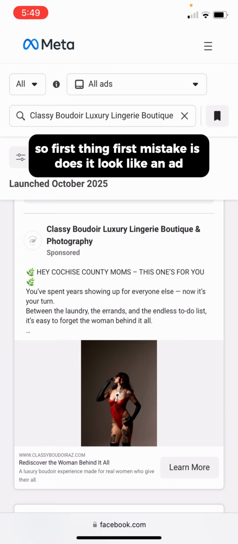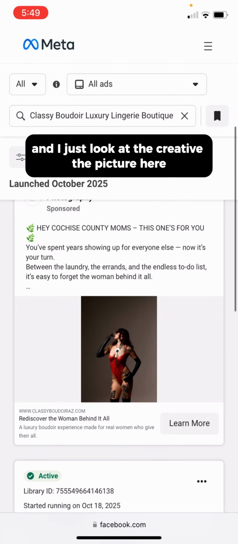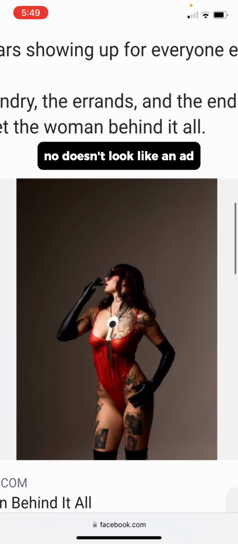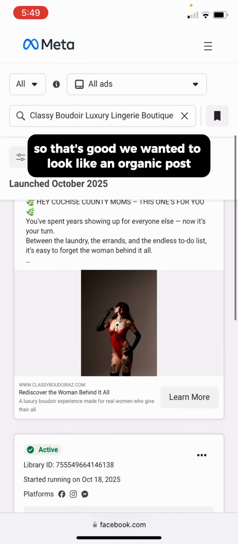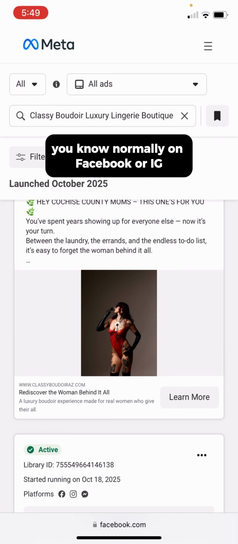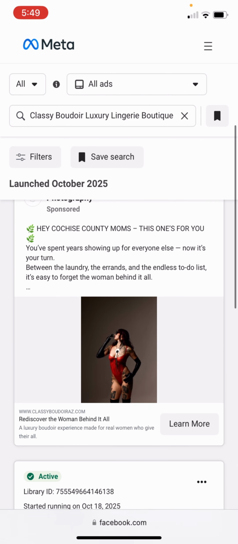All right, so first mistake is, does it look like an ad? I just look at the creative, the picture here. No, it doesn't look like an ad, so that's good. We want it to look like an organic post, just something someone would normally post on Facebook or IG.